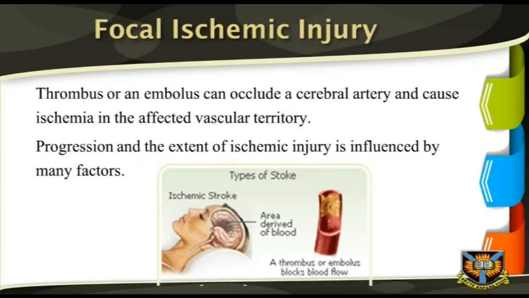Mechanisms of neuronal injury at the cellular level are governed by hypoxia or anoxia from any cause, reviewed below. At a gross tissue level, the vascular compromise leading to acute stroke is a dynamic process that evolves over time. The progression and the extent of ischemic injury is influenced by many factors.